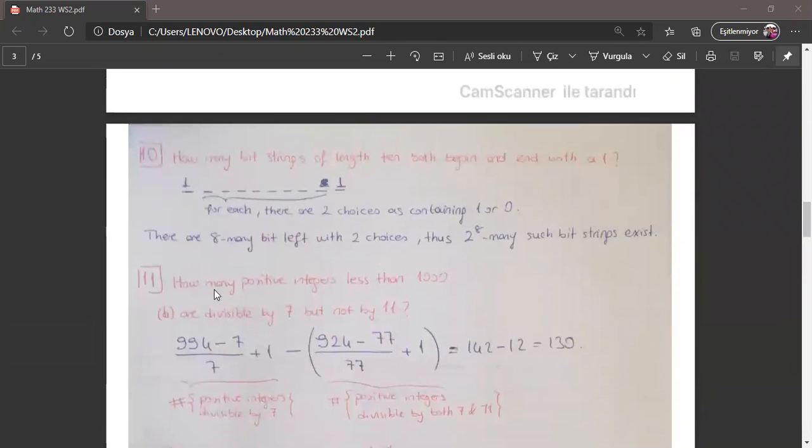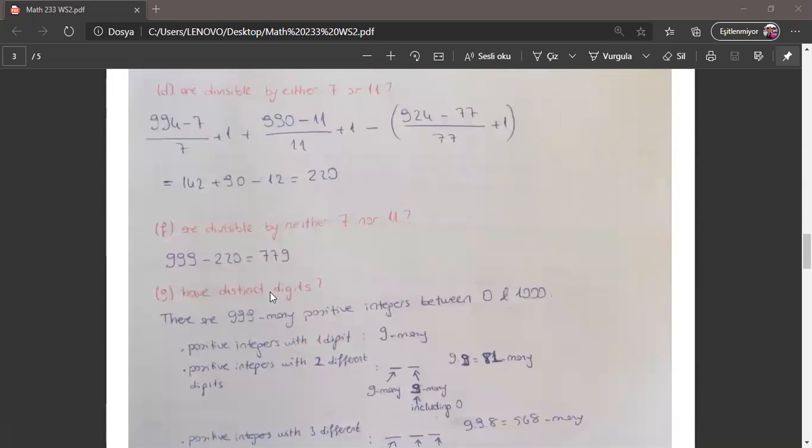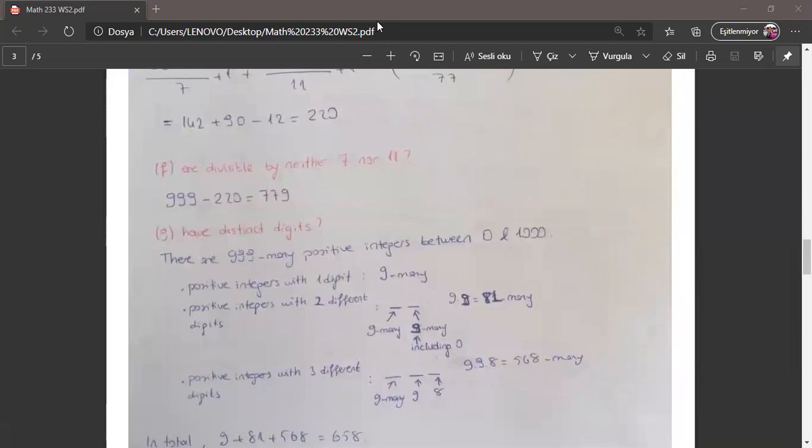Again, remember the question: how many positive integers less than 1000 have distinct digits? First note that we have this many positive integers between them. We will compute digit by digit. The positive integers with 1 digit, we have 9, from 1 to 9, right?